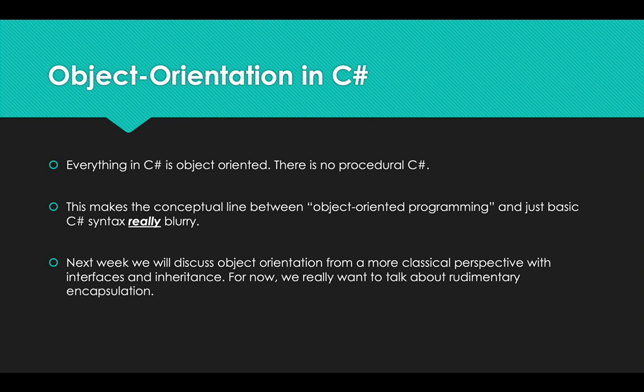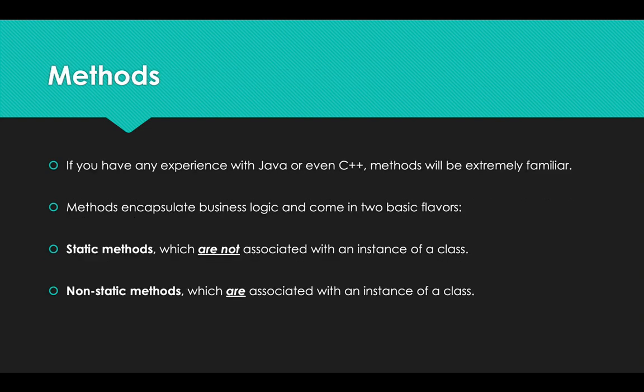So next week, we're going to focus on object orientation in its proper sense with interfaces and inheritance and all that kind of stuff. But for now, what we're going to talk about is what I am very roughly calling encapsulation.